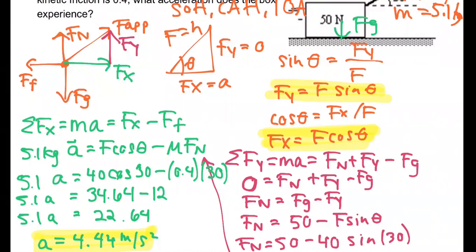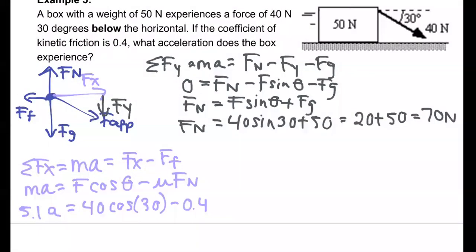Does that make sense that my normal force is greater when something's pushing down on it? Does it make sense that the ground has to support my object more? So let's keep on plugging ahead. So now this normal force down here, I'm going to plug in 70.